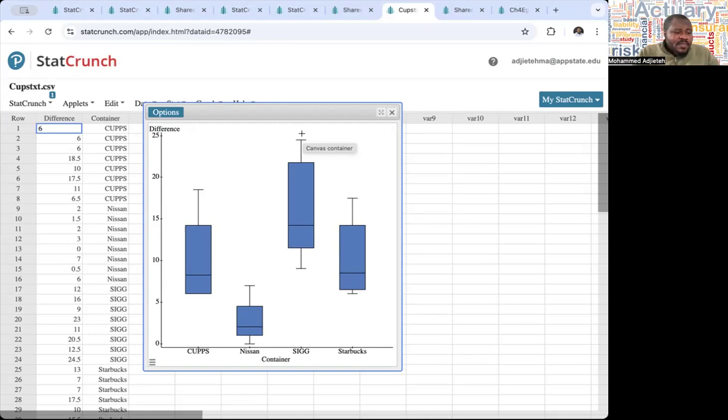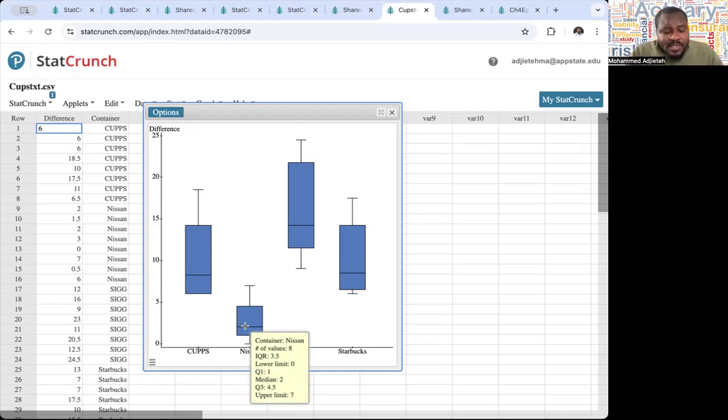We can see that the Nissan cap does the best job of keeping the liquid hot, with a median loss of temperature of about 2 degrees Fahrenheit, right? Remember, the lower the difference, the better, because it means that the liquid in the cup is staying hot.